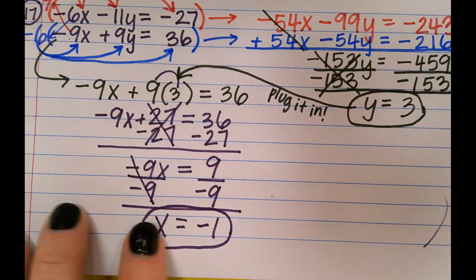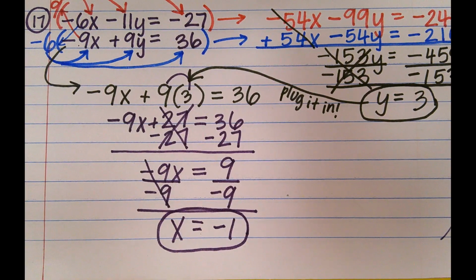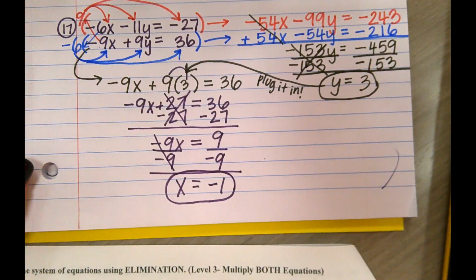Do 19, do 20, do as many as you can. During this 15 minutes, if you get stuck, come and see me. During that time, I'm going to create an exit ticket. You're going to do one of these as an exit ticket. I just want to make sure you got it before I give it to you. So I'll pause this. Try some on your own.